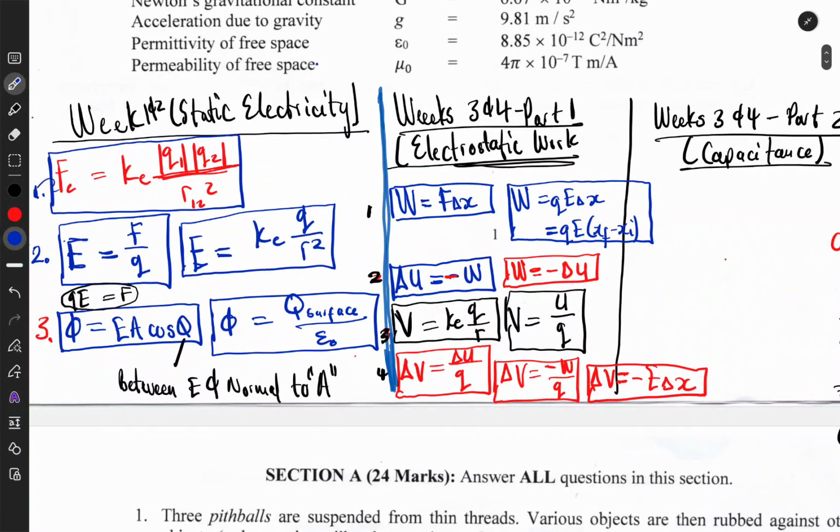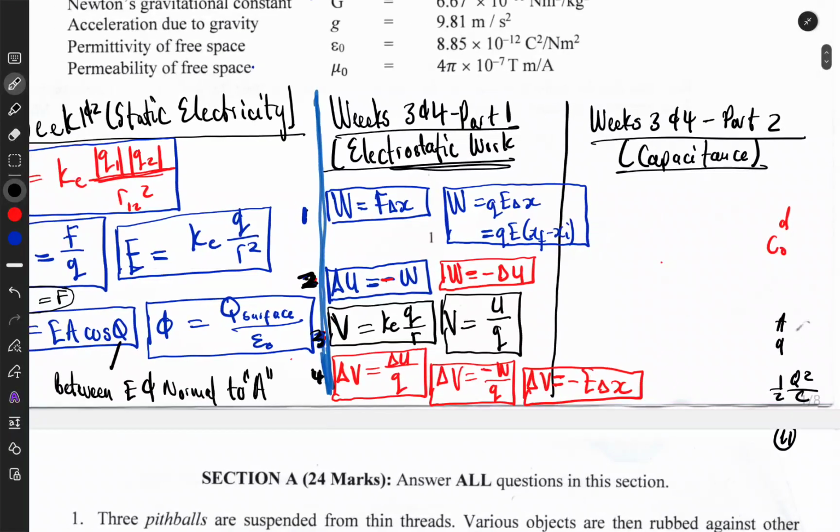So we saw here we had 3, 1 for F, 2 for E, 3 for flux, okay? Then here we had 4: 1 for W, 2 for delta U, then 3 for V, then 4 for delta V, okay? W, delta U, V, delta V.